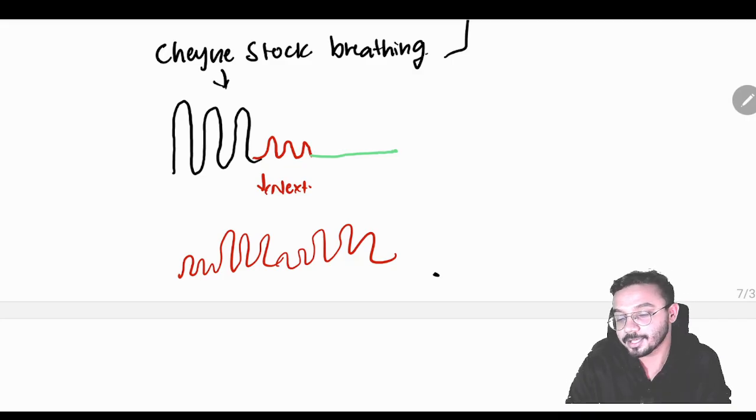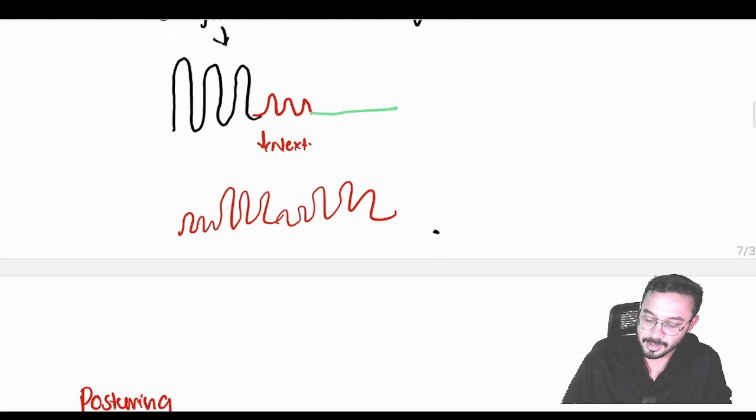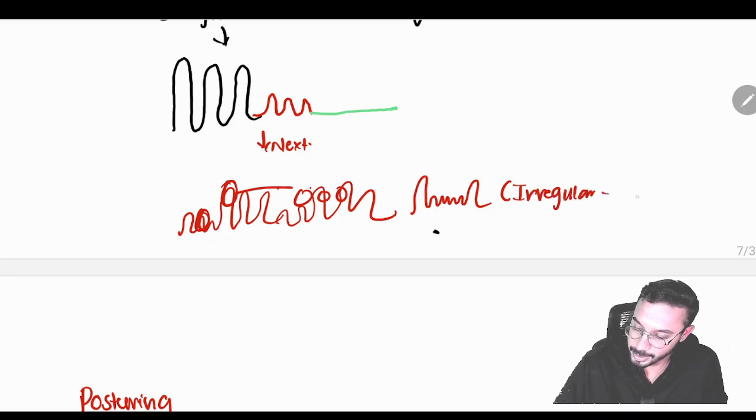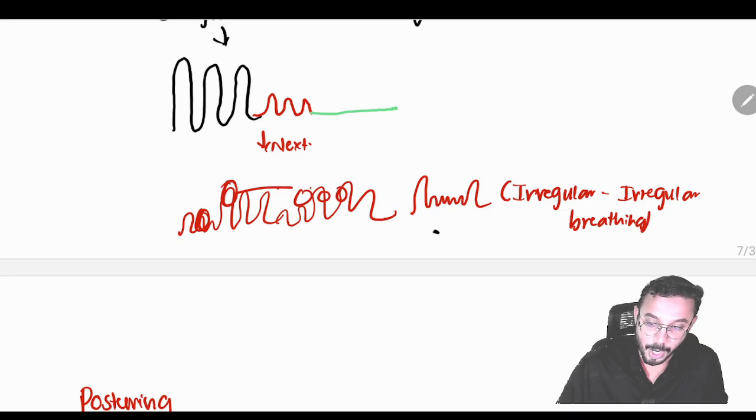First you will get hyper, and next hypoapnea, with no regular pattern. Hypo and hyper, there is no regular pattern. This is known as irregular breathing. So this is your Biot's breathing.